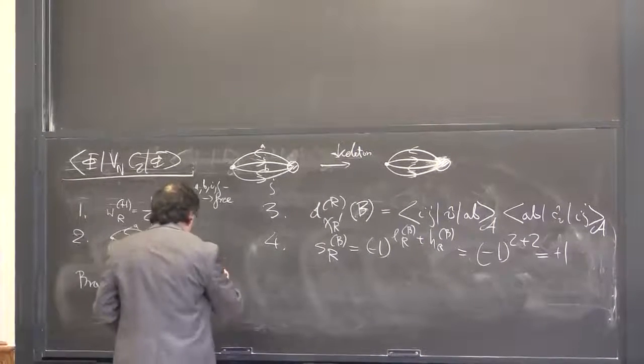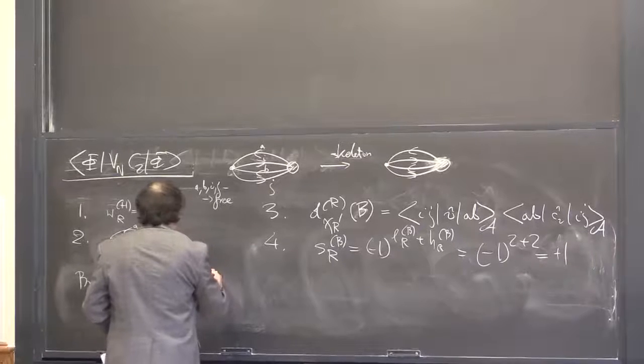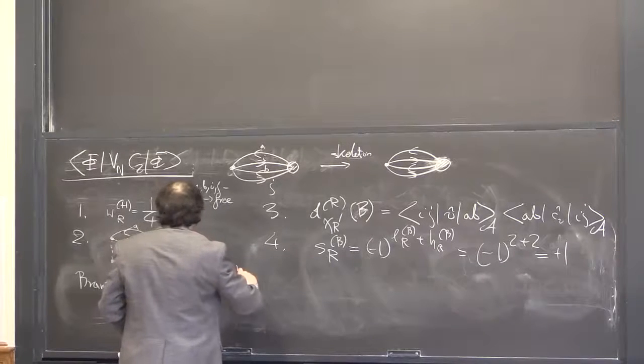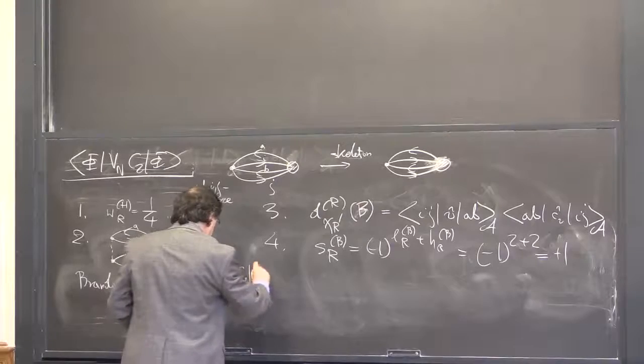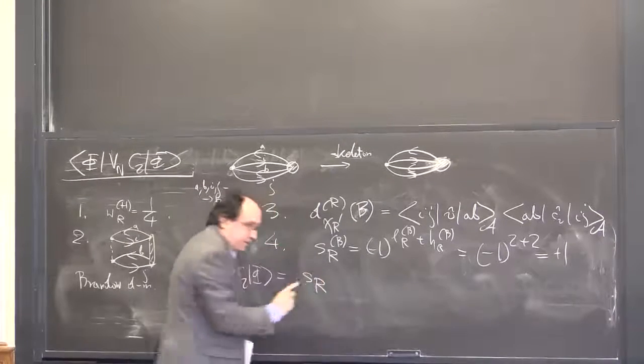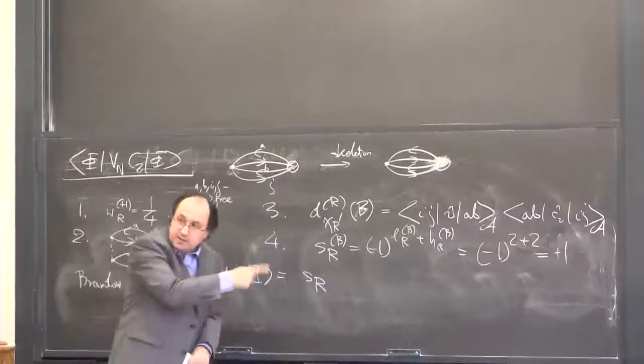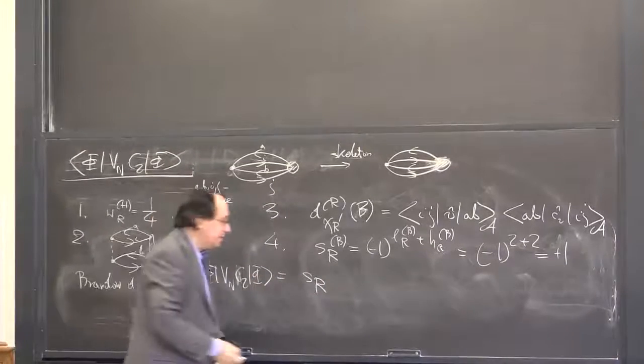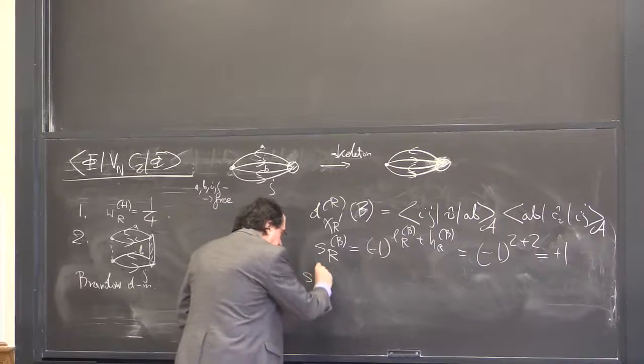The final expression is, so phi V_N C2 phi equals: the sign. Now I'm going to actually write this schematically so that you will remember the protocol. Sign read from a Brandow.